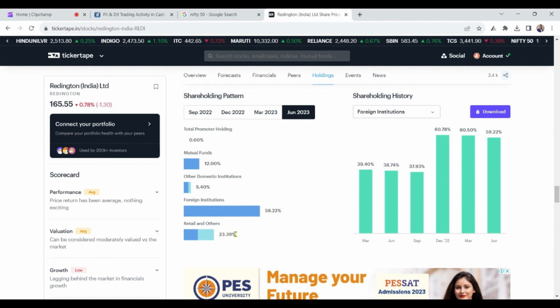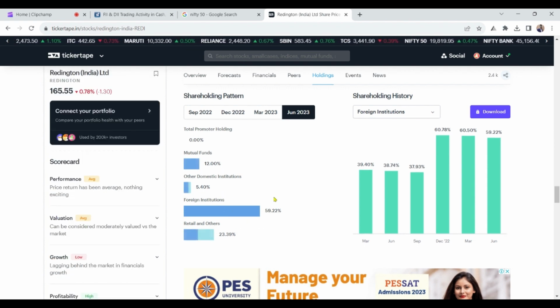So only 23 percent is held by the retail investors, and the rest is held by the FIIs and mutual fund companies, which have done huge market research with a huge team and finally made this decision of investing a bulk amount in this share. So it means it is a reliable share. Again, it's not a recommendation. This is how one can individually analyze the share using this FII institutional data.